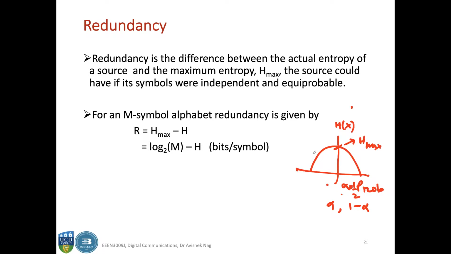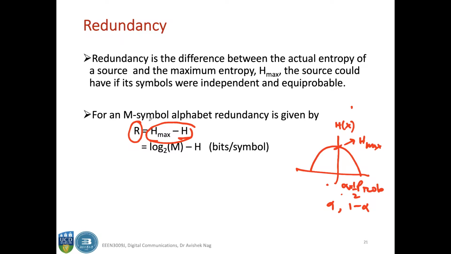The maximum entropy that you can obtain minus the actual entropy that you get, because let's say your source symbols are not equiprobable, that difference H max minus H is called R, or the redundancy.